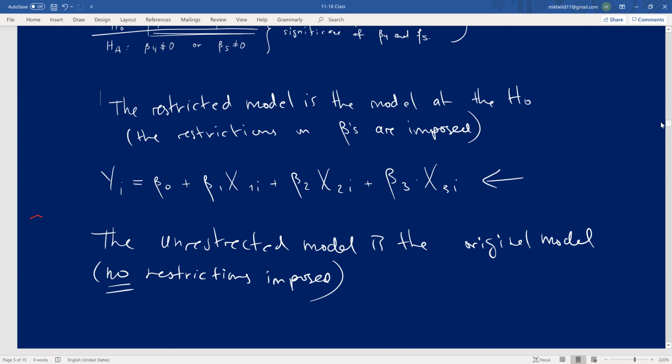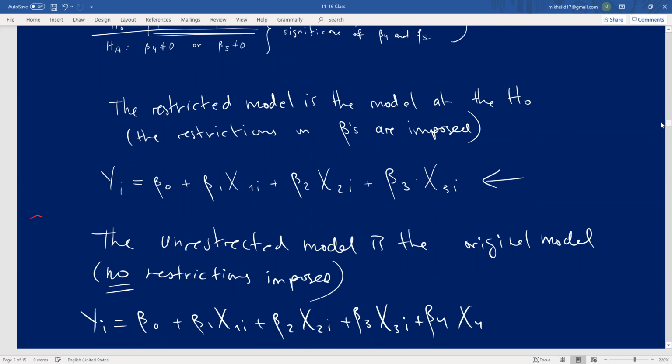Do you see what I mean? The original model will be the unrestricted model. Am I clear, guys?